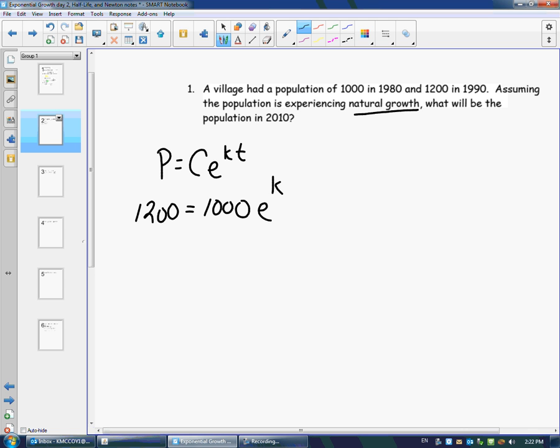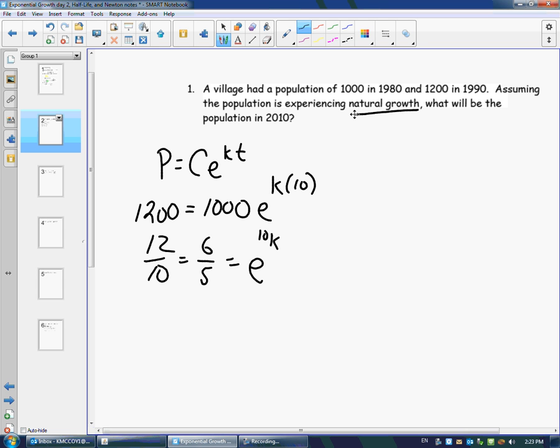And the time elapsed, in this case, was 10 years. You're going to use 1980 as your initial time and 1990 as your second time. So that's 10. That gives us what we need now to solve for k. Divide both sides by 1,000, you're going to get 1,200 over 1,000, which is the same as 12 over 10, and that reduces to 6/5. That is e to the 10k.